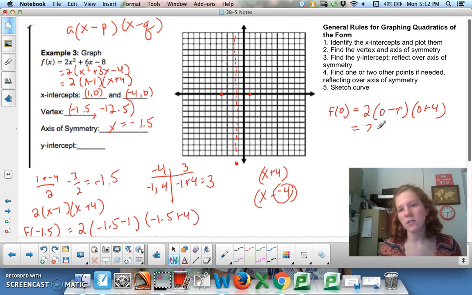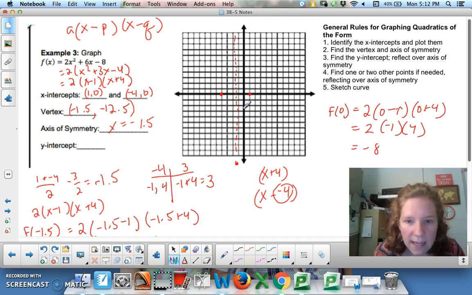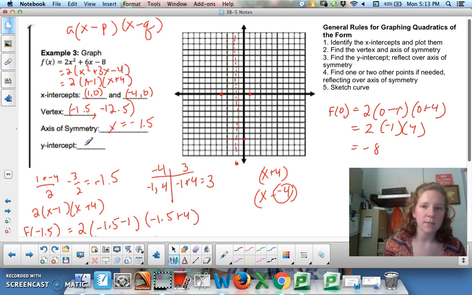And we get 2 times negative 1 times positive 4, which is negative 8. So (0, negative 8) is 1, 2, 3, 4, 5, 6, 7, 8. And then I'm going to reflect that. So it goes right here. So my y-intercept is (0, negative 8).